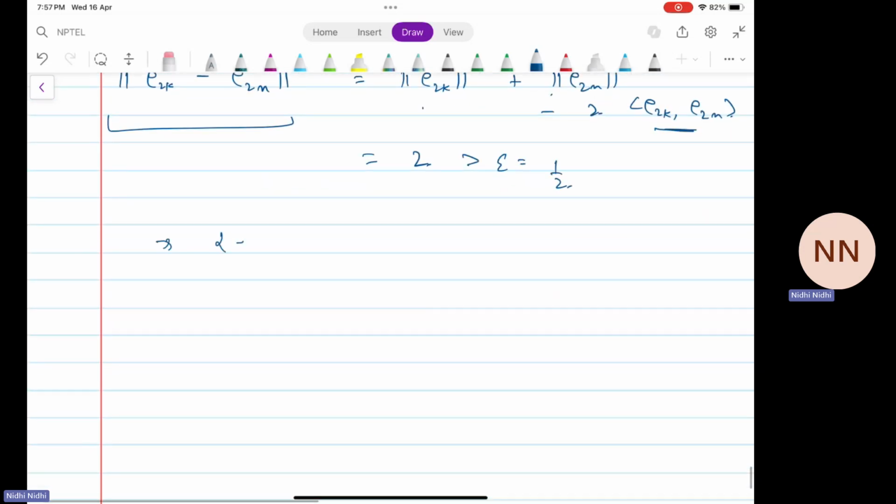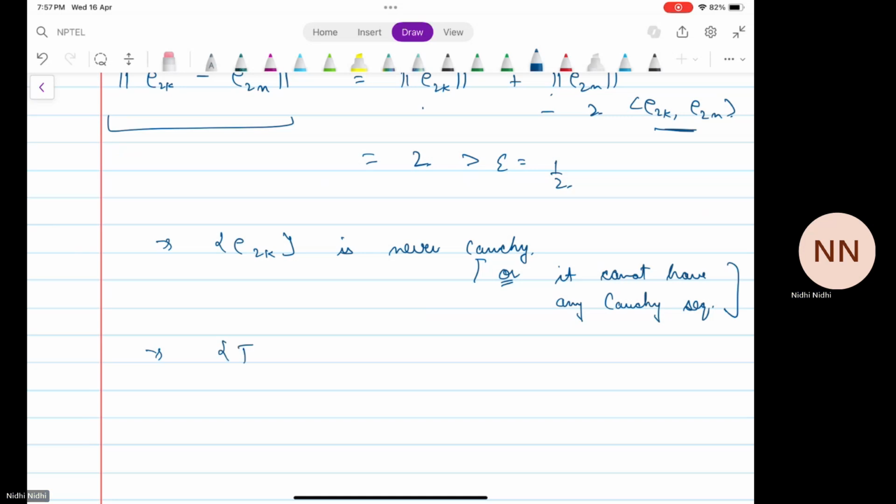This implies e_{2k} can never have any Cauchy subsequence.